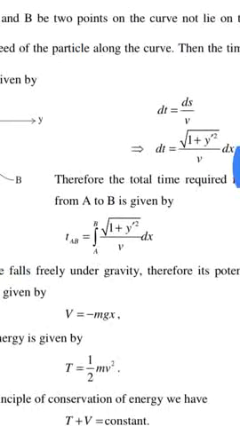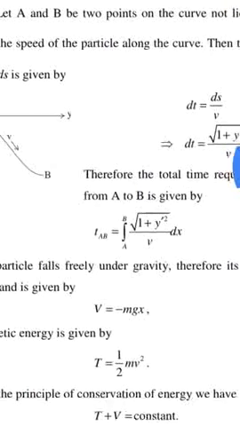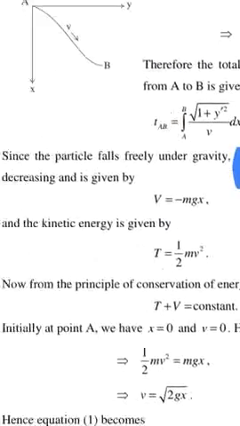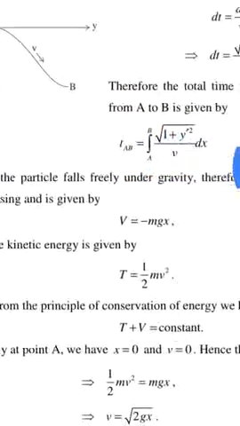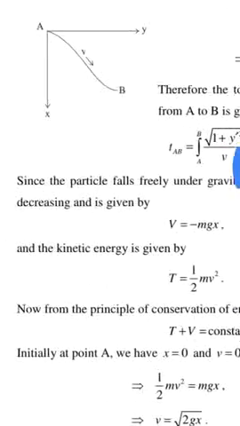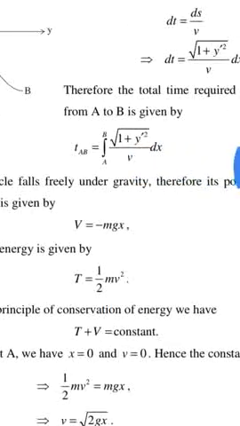Therefore, dt is equal to ds by v, that is, dt is equal to square root of 1 plus y dash square divided by v dx. Therefore, the total time required for the particle to go from A to B is given by T_AB, our functional, equal to the integral from A to B of square root of 1 plus y dash square divided by v dx.